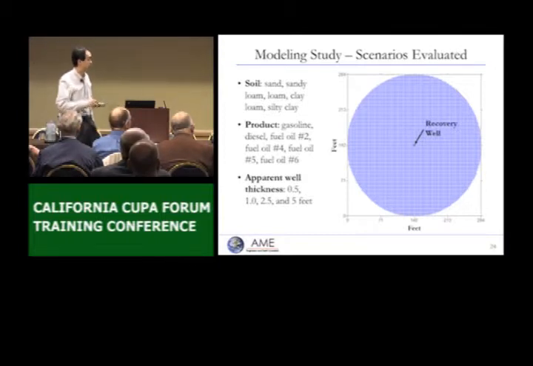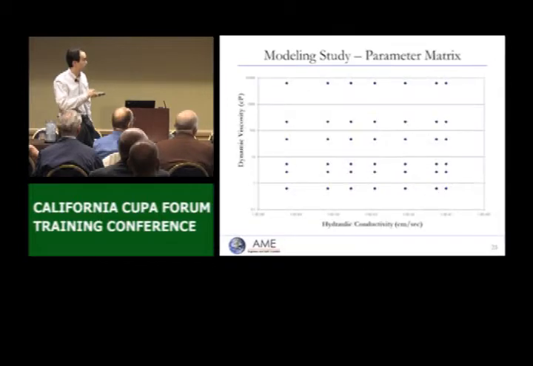It has 3 factors on this figure. You have hydraulic conductivity on one axis, product thickness on the other axis, and then you have the different types of products. The area to the right of each curve is potentially recoverable conditions, and the area to the left of each curve indicates not likely to be recoverable.